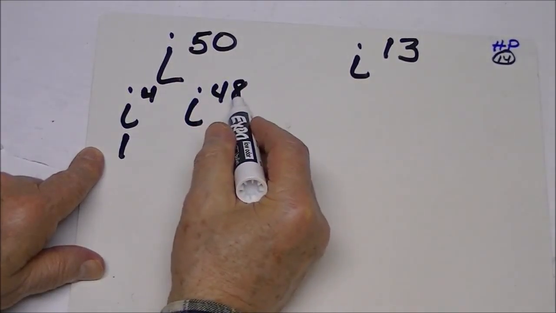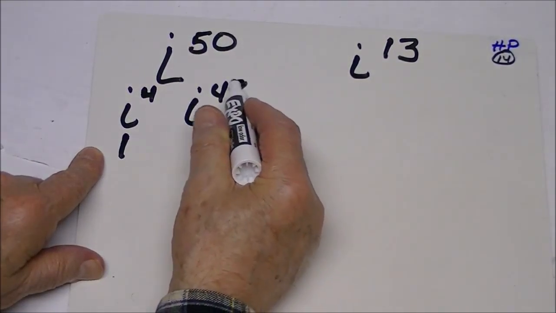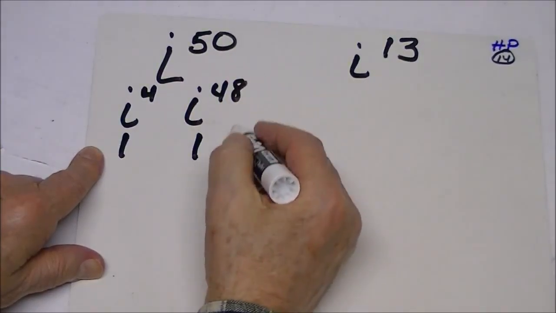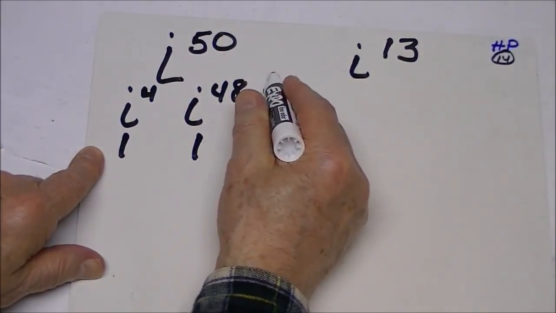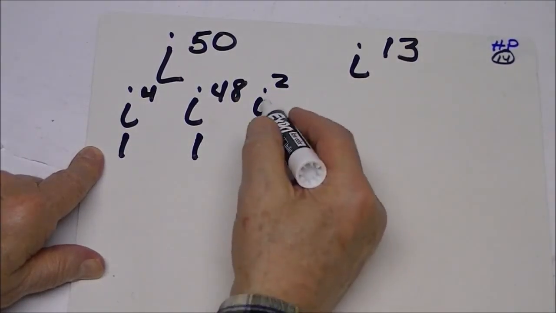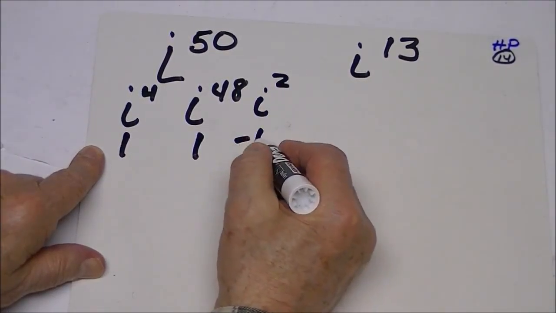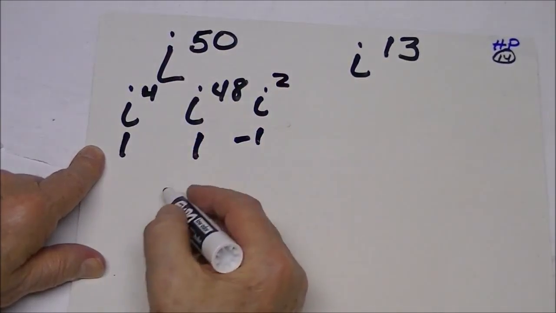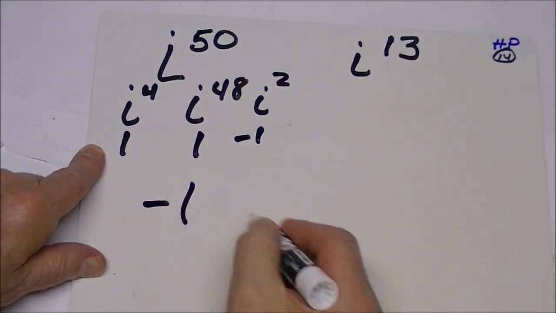This is divisible by 4. So all of this ends up as a 1, and then we're left with i to the second, which we said was a negative 1. So our 1 times negative 1, this is going to be a negative 1.